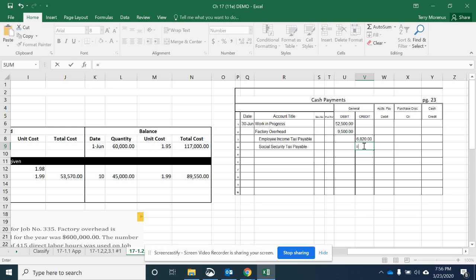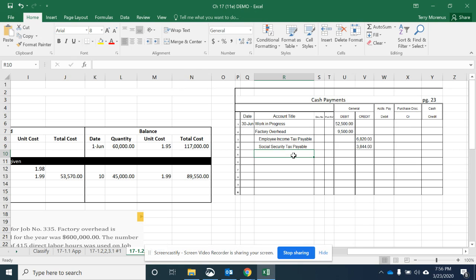I'm going to go slowly. We're going to put an equal sign. We're going to put a parentheses here as well. And we're going to take the 52,500, add it to the 9,500, close out the parentheses, and multiply it by 6.2%. Enter. And that gives us $3,844.